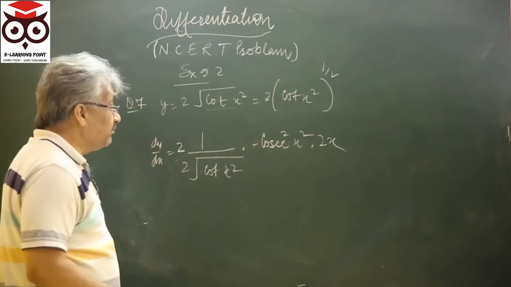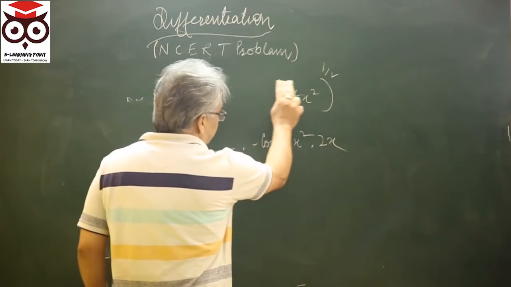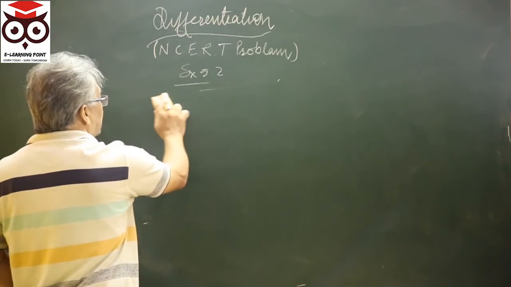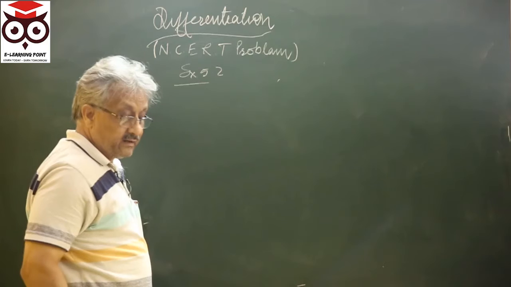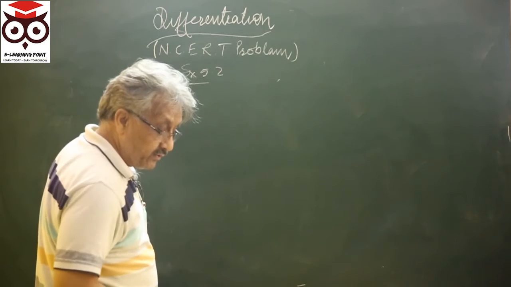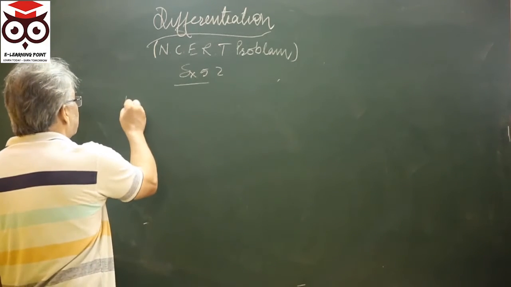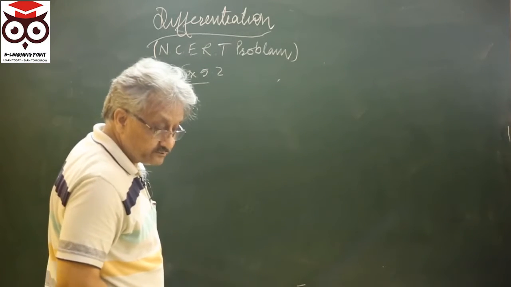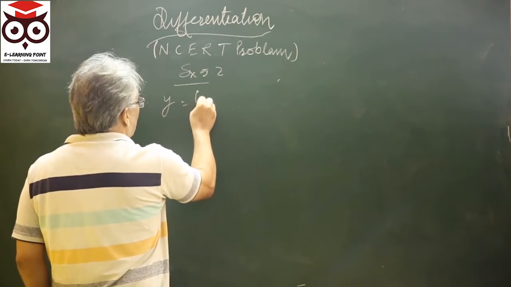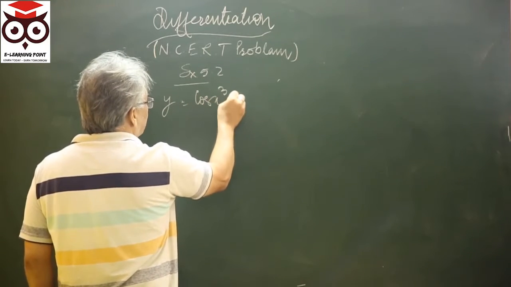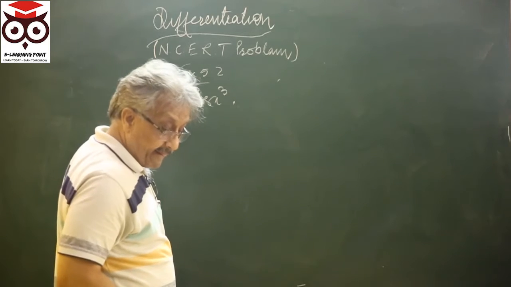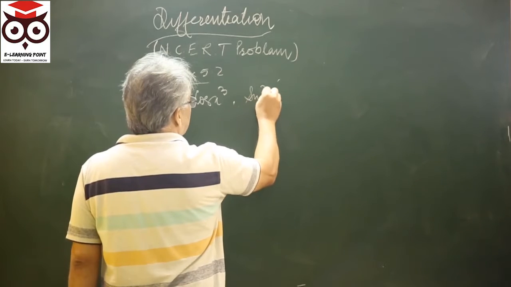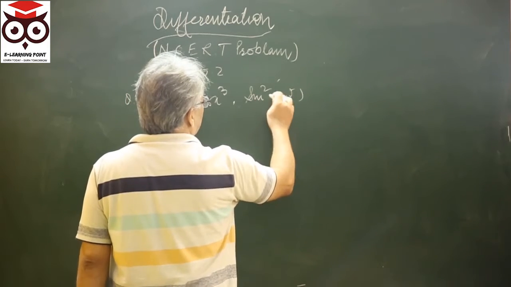See the question number 6. हम इसमें यही वही क्वेश्चंस कर रहे हैं जो हमने आपको नहीं कराए हैं. बाकी मोस्टली मैंने आपको क्वेश्चंस करा दिए हैं. क्वेश्चन नंबर 6, y is equal to cos x cube dot sin square x 5, right?